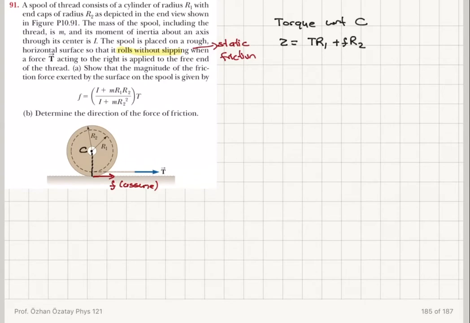And if I take the force of friction to the right, this will also be positive. It is F times R2. So this is going to be equal to the moment of inertia I times alpha. Now at the same time, these are causing rotations in the counterclockwise direction.